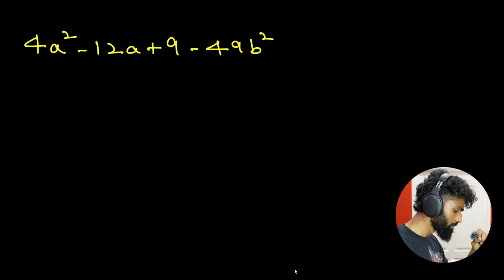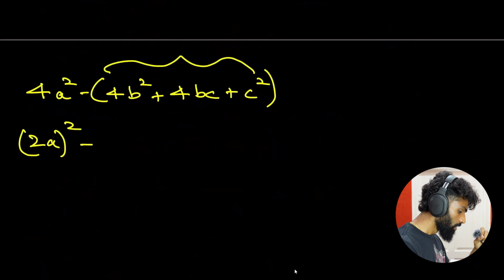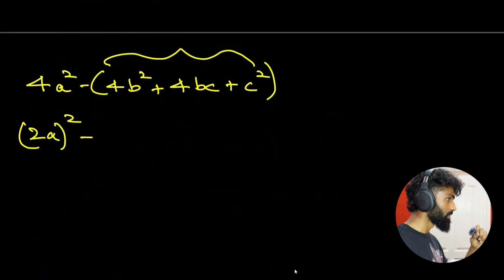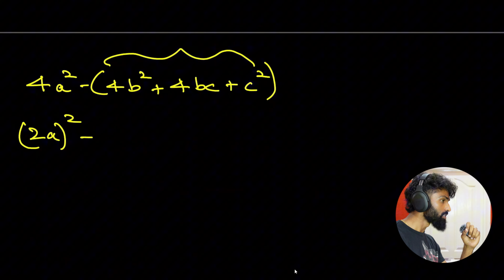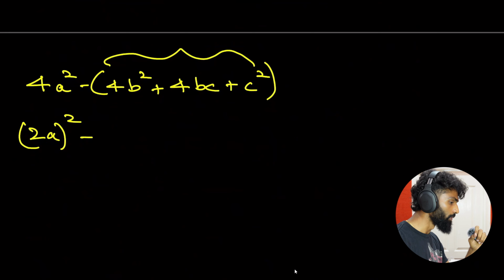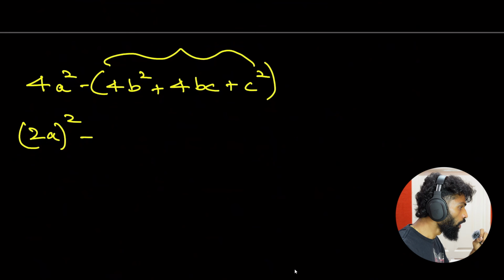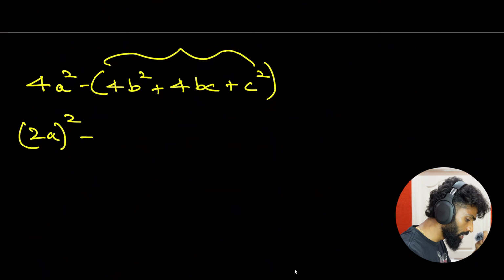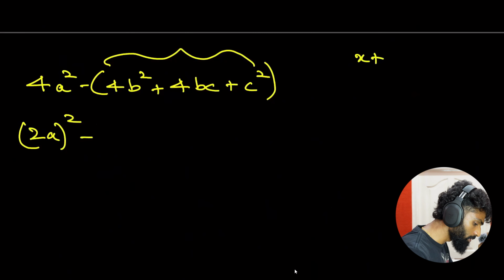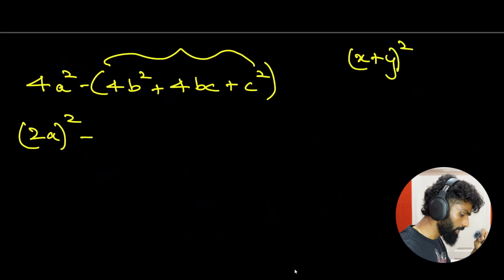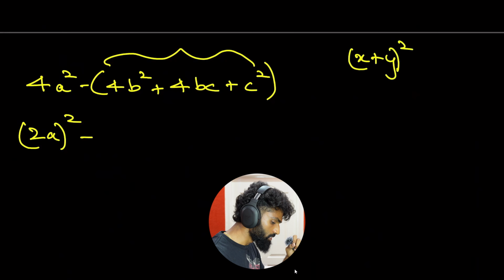I'll go back to the question. Here the question has all visible pluses inside the thing. All visible pluses. The hint goes like this, just like the way I told you a few minutes before. If all are visible pluses, then the answer should be in terms of x plus y the whole square. Correct? Now the problem here is what is x, what is y?